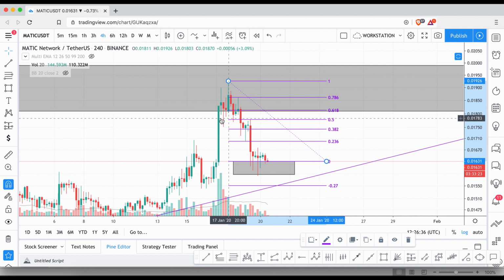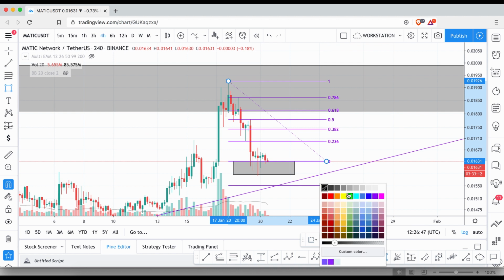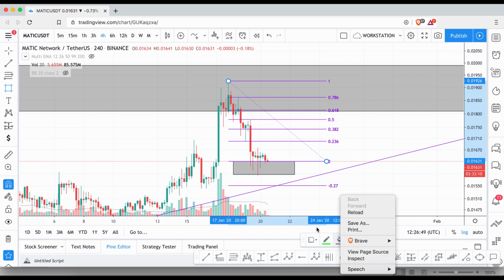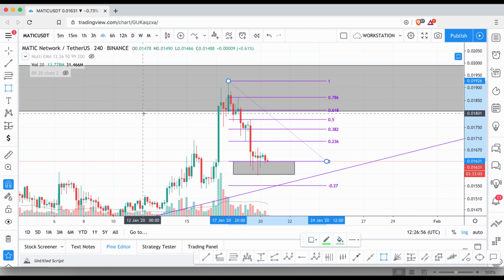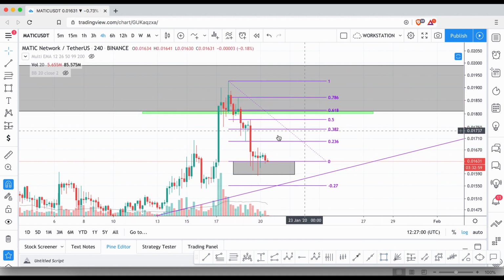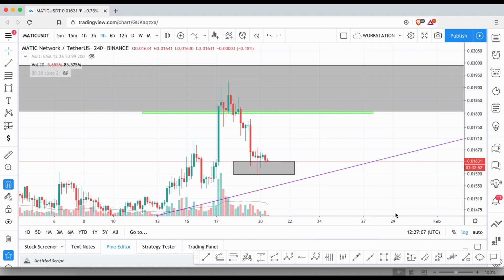Okay, so this actually aligns up perfectly with our resistance area, now with the 0.618. So let's make that green. It can be a longer term target. Okay, so this area over here may be a target, depends how the price will go. Let's remove this tool for now.